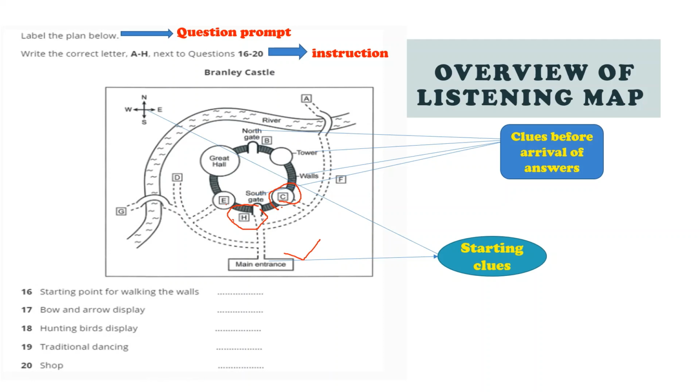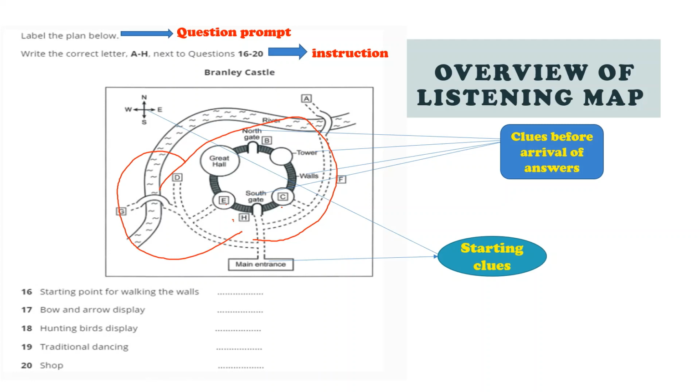So that you know whether the map is going like this, or if it is going in the other direction. Okay, so the entrance will decide whether the map is going to go like this or like this. So it gives us the first step to start listening to the direction of where the answers are going to lie.